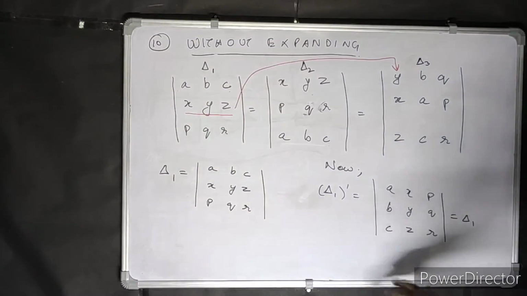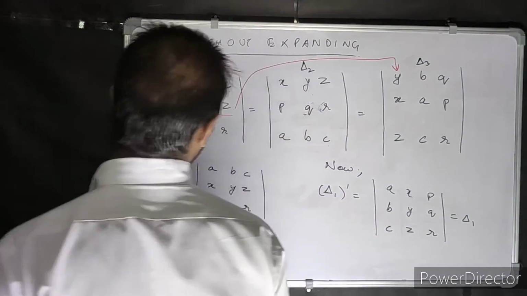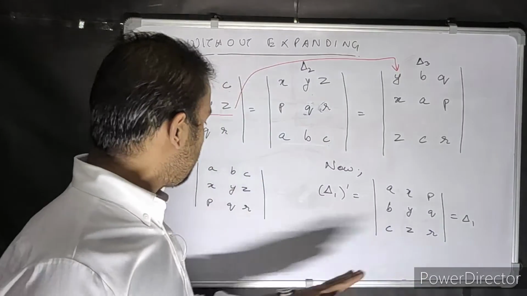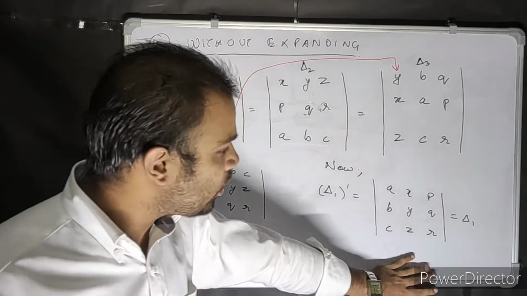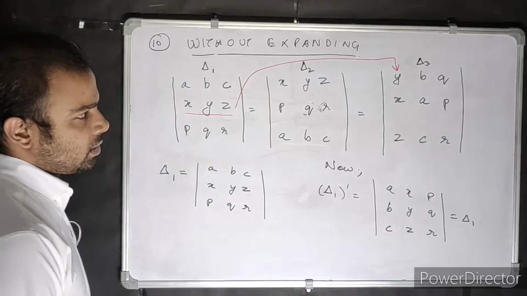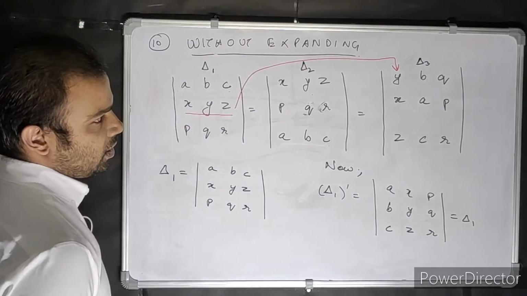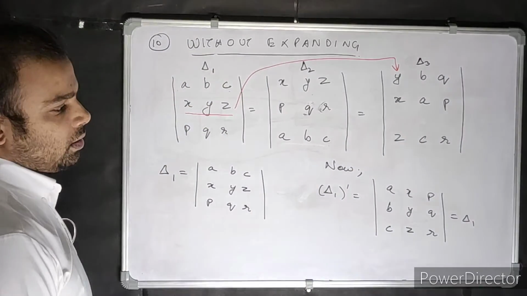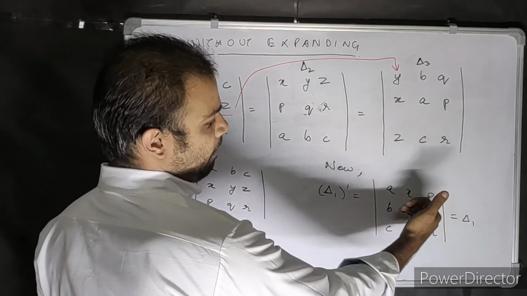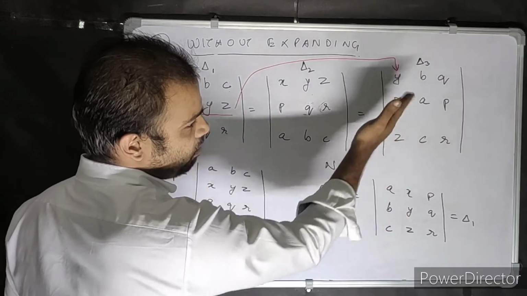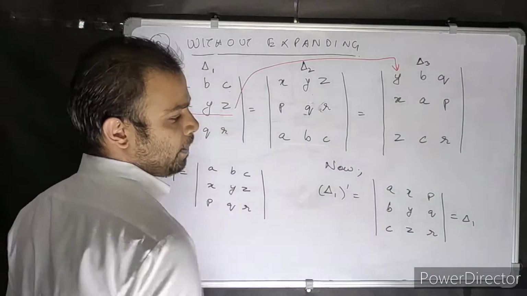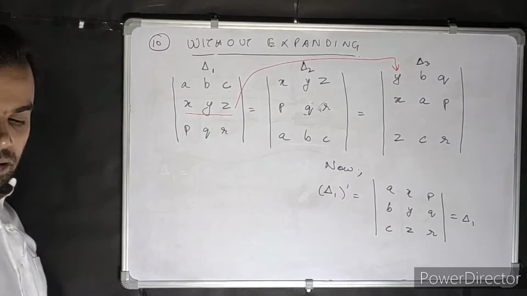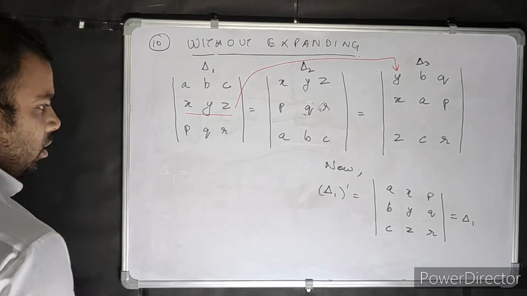Now look very carefully. With this we are done, and now we have to work with this. Now where is my x? My x is here in the middle and my y is up, but they should be in the first column. So let's change that.